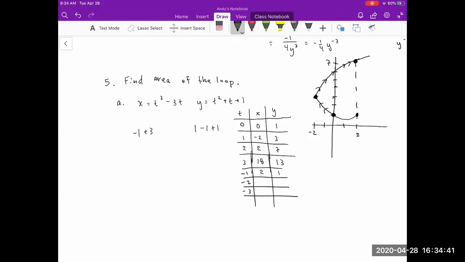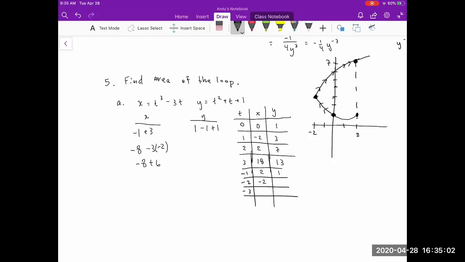But let's plug in -2, see what happens. So we plug in -2, we get -2 cubed is -8. And then it's -3 times -2. That's going to be -8 plus 6. That's -2 for the x value. So I'm just plugging in the x and y.